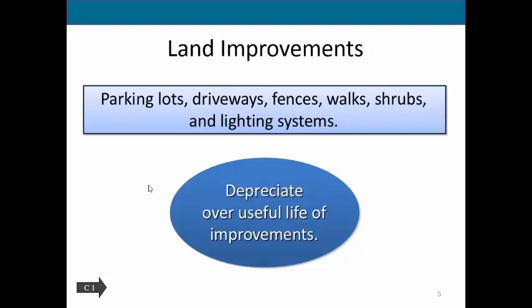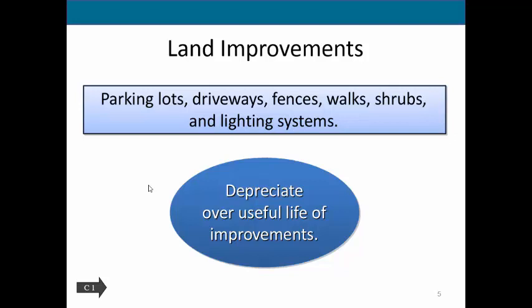I want to note that land is one thing that typically does not decline in value. So if you think about purchasing a plot of land, the actual land, the ground or the earth, does not depreciate because that value stays the same, and oftentimes land actually increases in value over time. However, I want to differentiate between land and land improvements. Land improvements are the things that we do to the land.